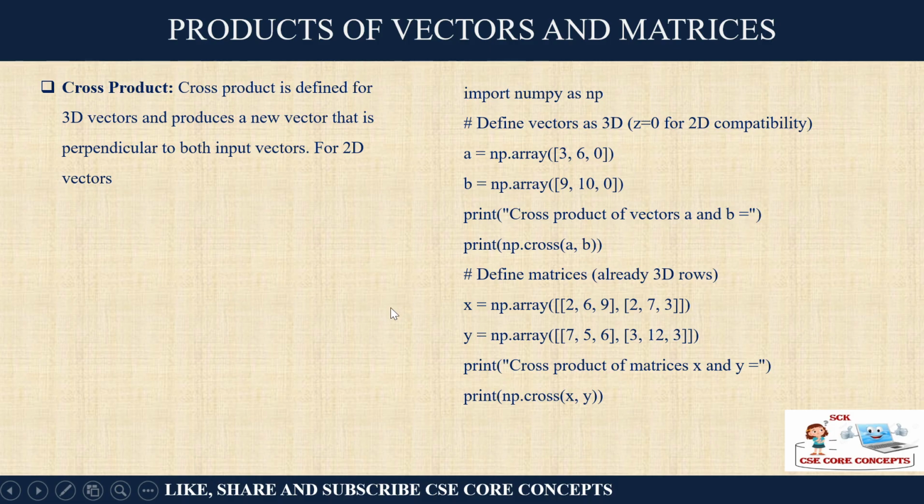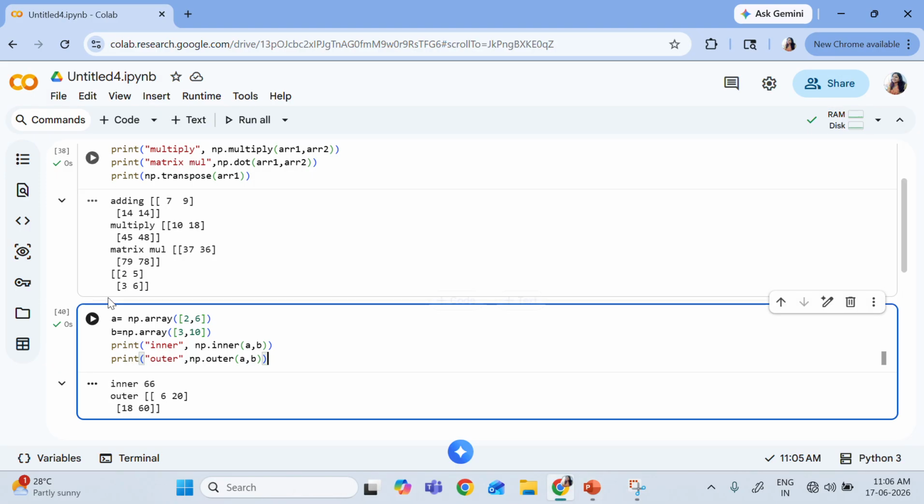Now the third one is the cross product. It is defined for 3D vectors. It produces a new vector that is perpendicular to both the vectors. That is called the cross product, and it can be done using the np.cross function. I can simply extend it to a 3D array here, not a problem.